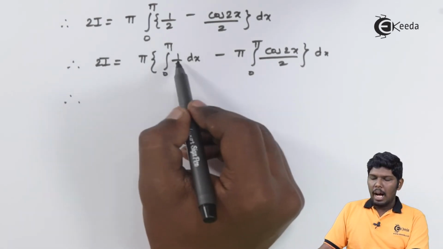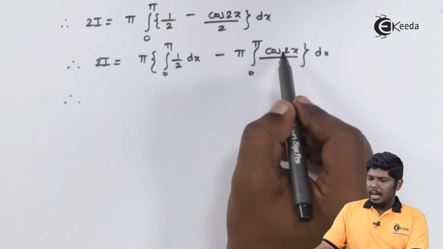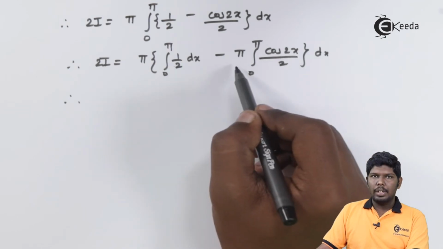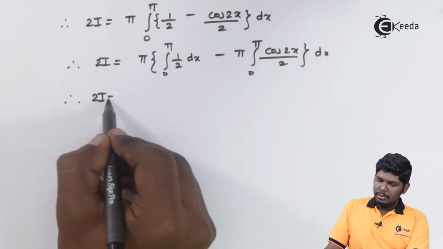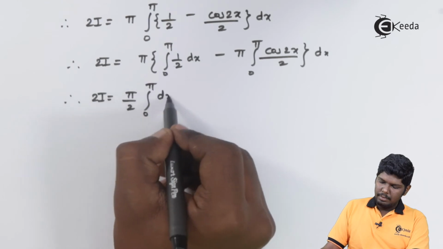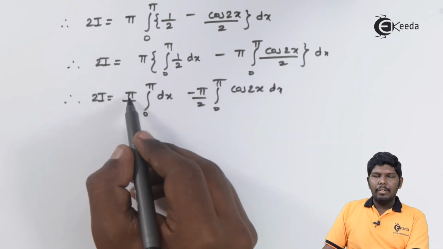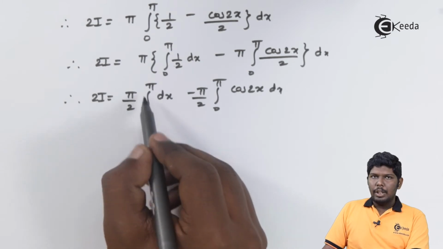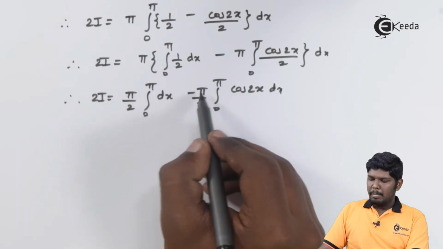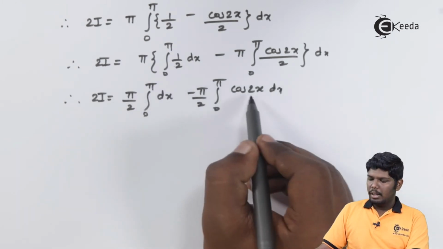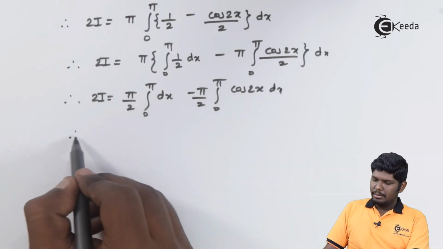Further, we can take the half constant outside the integral, and from here also we can take 1 by 2 constant outside the integral. So we have pi by 2 integral 0 to pi dx minus pi by 2 integral 0 to pi cos 2x dx.